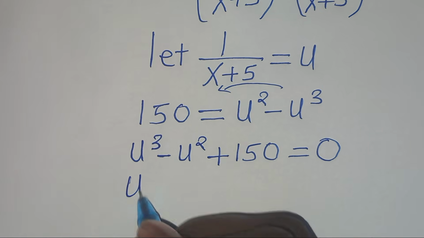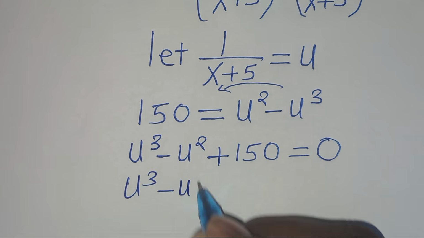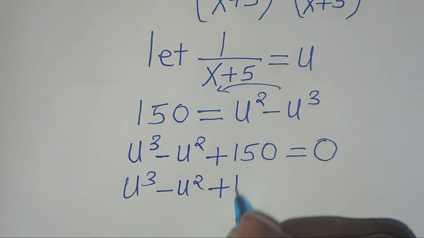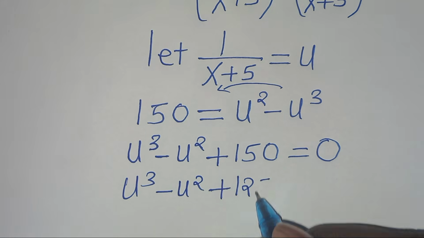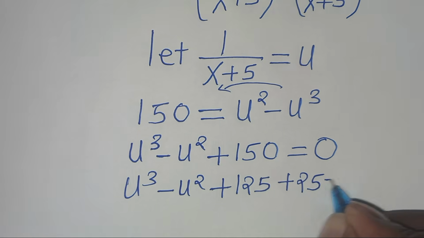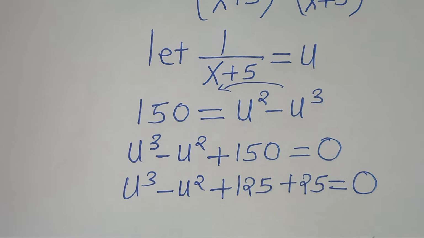So this is u to the power of 3 minus u to the power of 2. We can express 150 as the same thing as 125 plus 25, equal to 0.